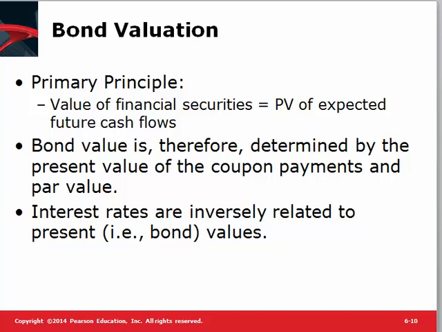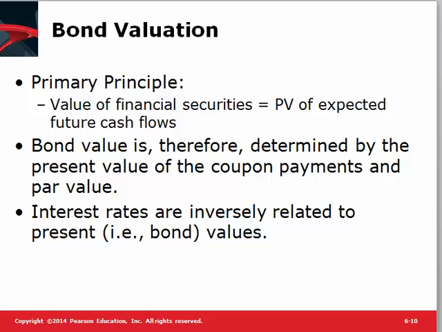The nice thing about bonds is we know exactly what these are. You know exactly what the coupon is. You know exactly what the maturity value is. You also know exactly when they're going to come. So we have a very good picture of a timeline, if you will, of when these cash flows ultimately will come to us. So the only thing we have to do is find the present value of that.